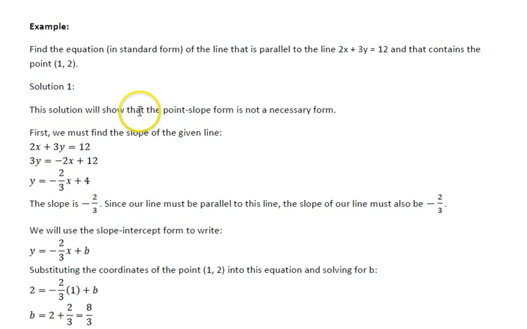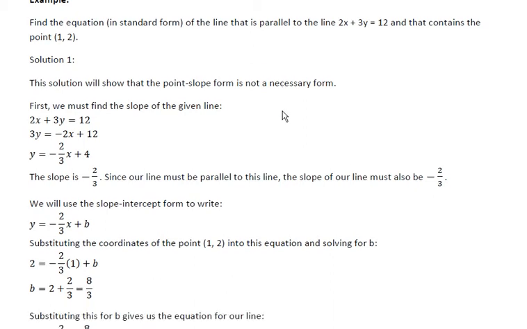This solution will show that the point-slope form is not a necessary form. We will not use the point-slope form in this, even though we're given a point and we will have a slope. First, we must find the slope of the given line, because since the lines need to be parallel, they have to have the same slope.